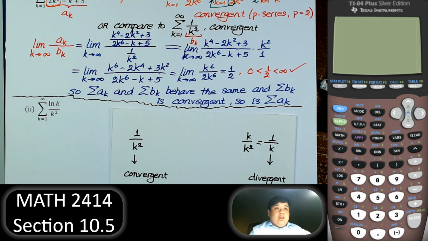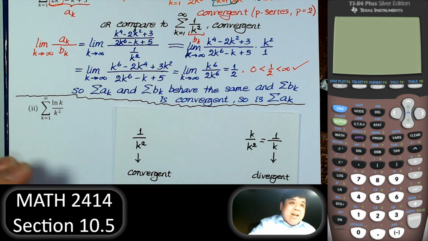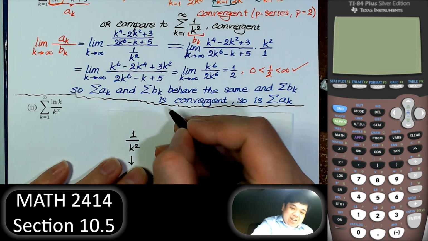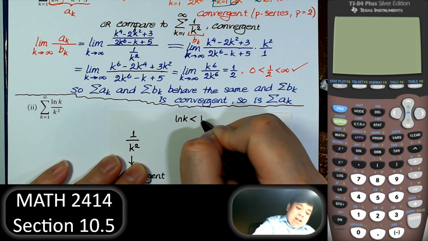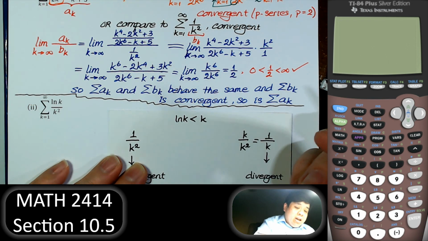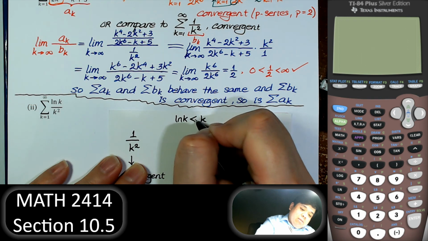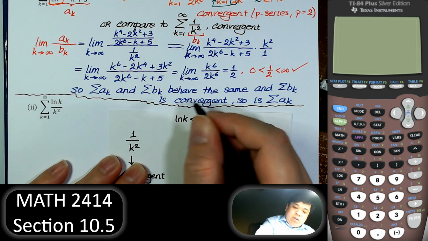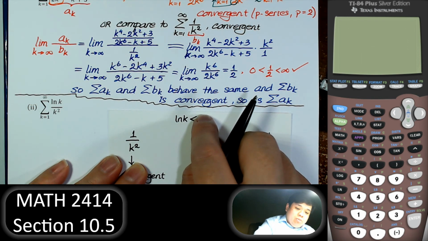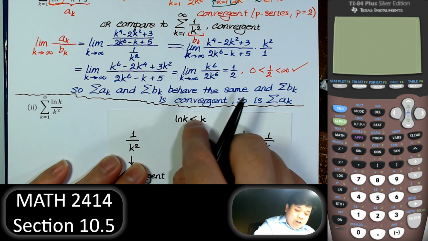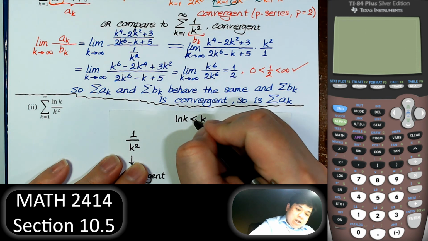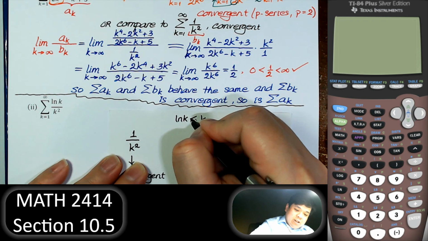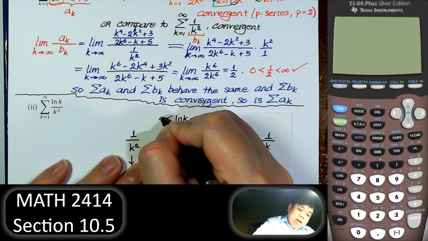Now, the problem with this is the ln of k is actually between 1 and k. So we know that ln of k is less than k, any power of k. It should grow slower to infinity. So technically we should use this, but it's also less than or equal to. And ln of k certainly will be greater than 1.